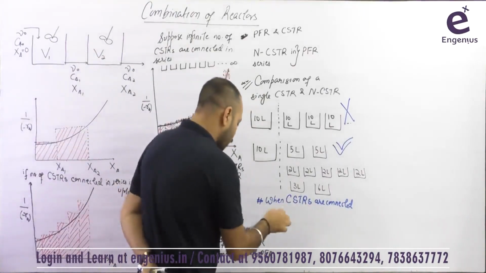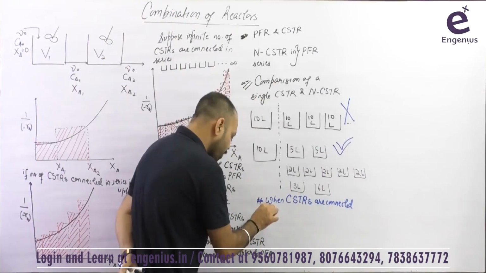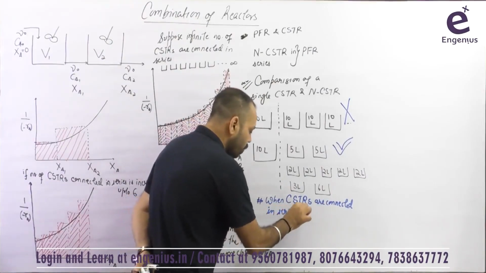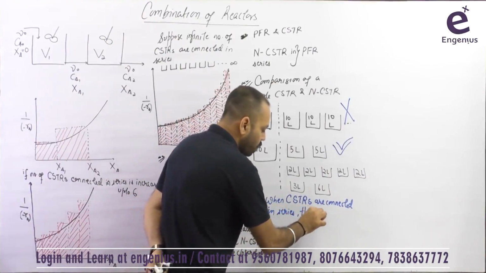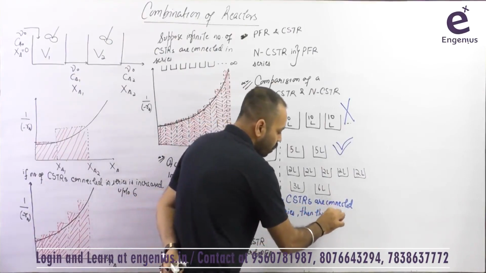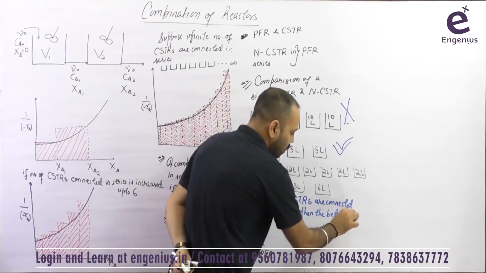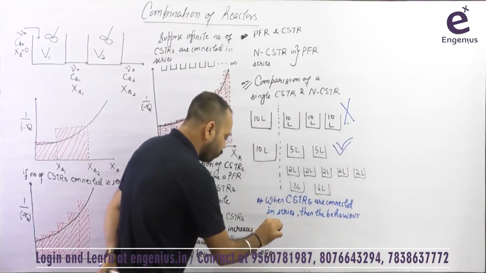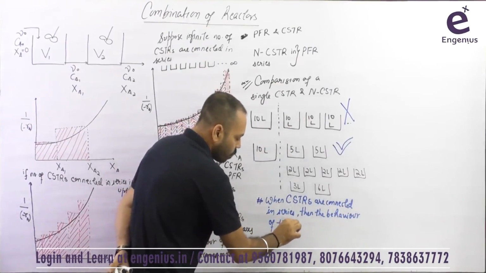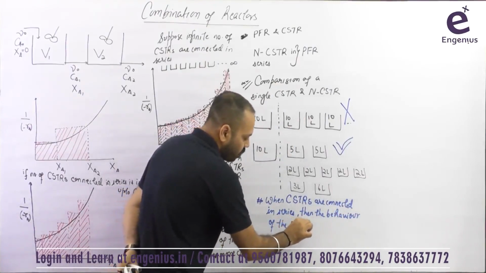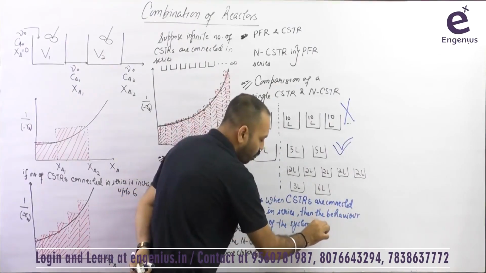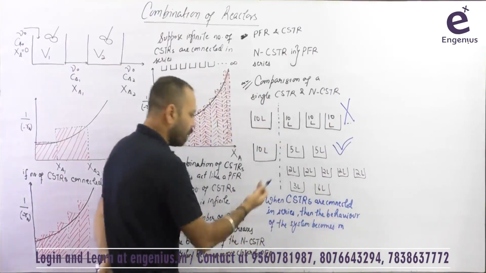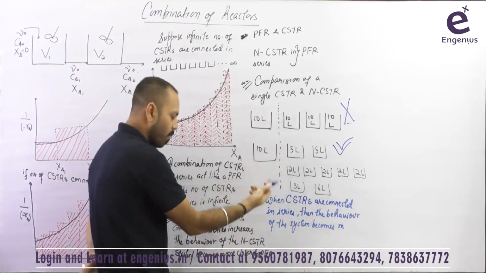When CSTRs are connected in series, then the behavior of the system becomes more closer to the PFR. ये पॉइंट्स मैं पहले भी लिख चुका हूं, बट एक बार ये पॉइंट एक्सप्लेन कर रहे हैं कि किस तरह से कंपेयर करना है.